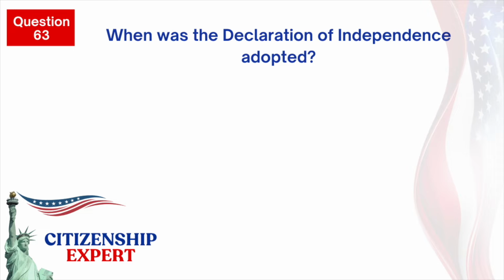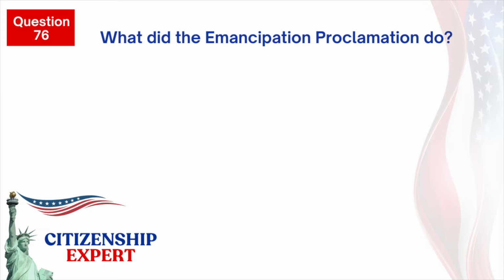When was the Declaration of Independence adopted? July 4, 1776. What did the Emancipation Proclamation do?